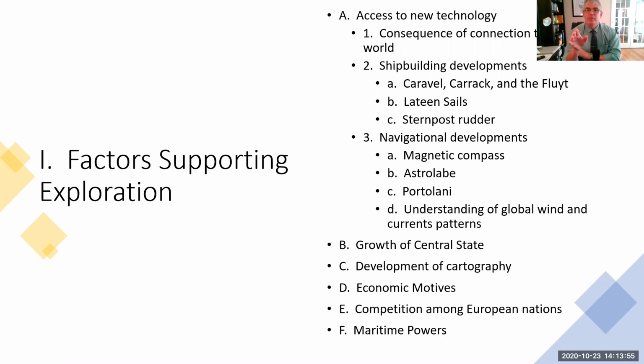So when we look at number two, all of those things make the ships more able to survive long voyages and more capable of mobility. It's just a better form of transportation. All of these ideas are largely coming from Indian Ocean trade through the world of Islam to the European world. The third one is navigational developments.